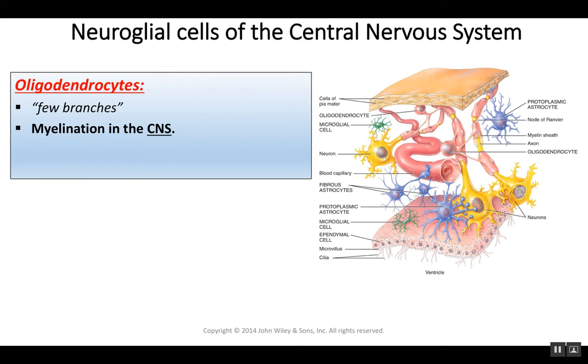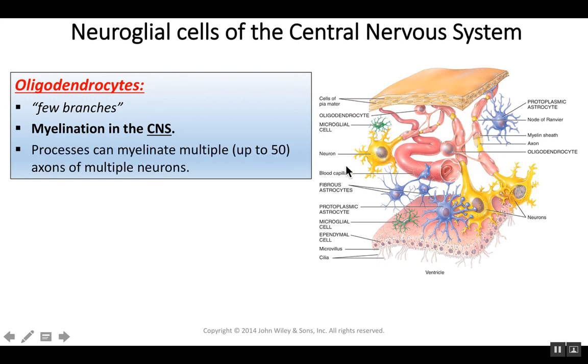So if you look closely at the drawing, you'll see an oligodendrocyte with many processes that are reaching out, surrounding the axon of a neuron and producing the myelin. And they've been found to be able to myelinate multiple neurons. So they have these branches that can reach out. You can see this guy here is reaching out and myelinating a couple different neurons.